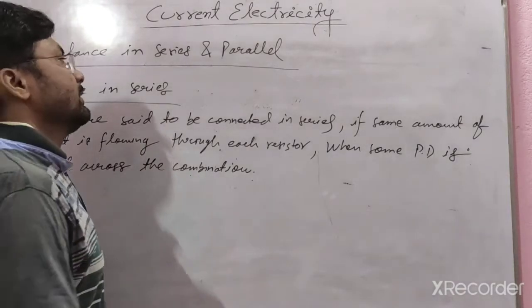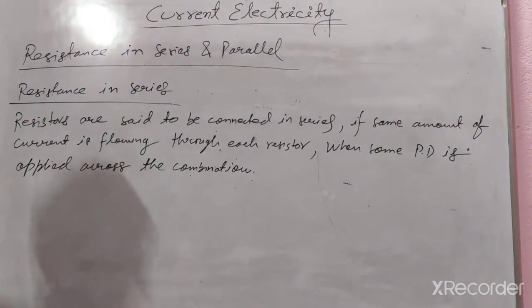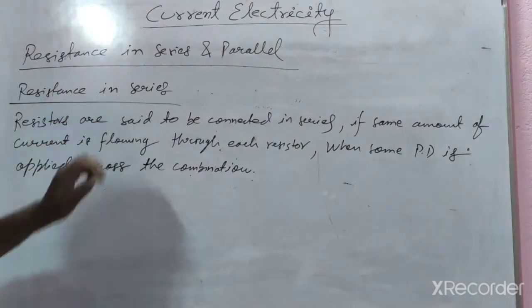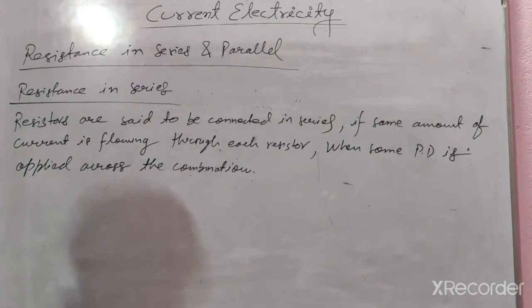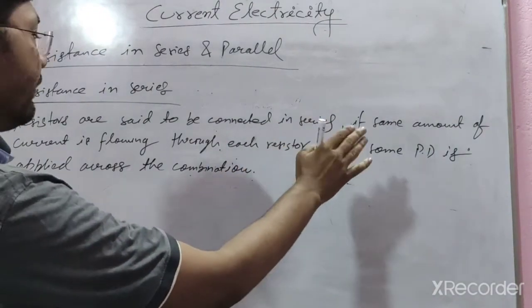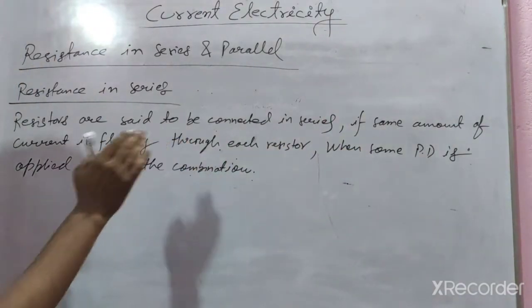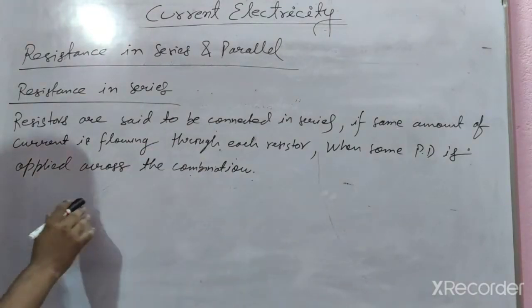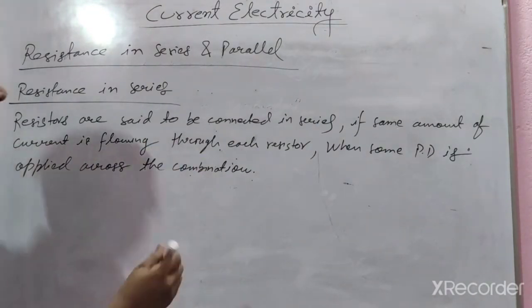Now students, let us study about resistance in series and parallel. Resistance in series: resistors are said to be connected in series if the same amount of current is flowing through each resistance when potential difference is applied across the combination.